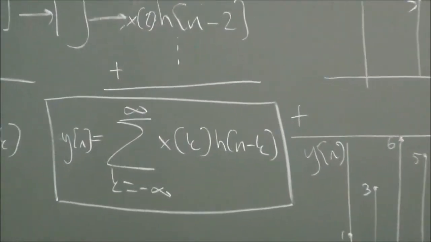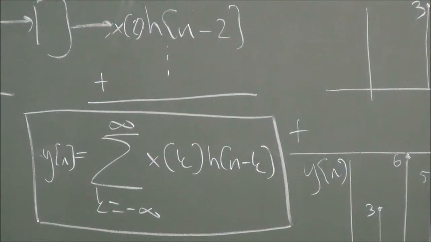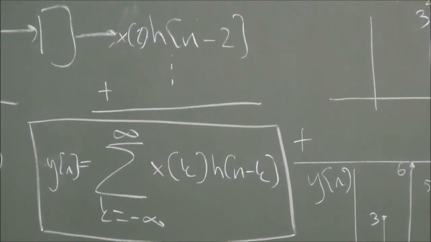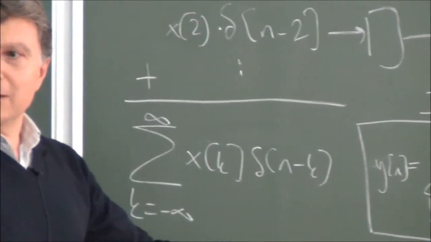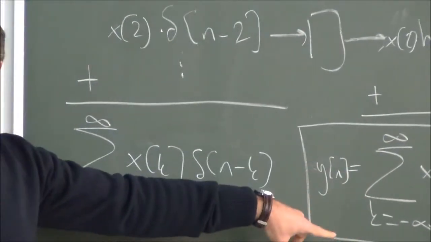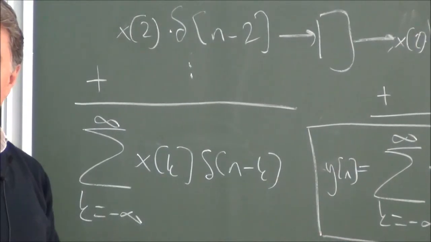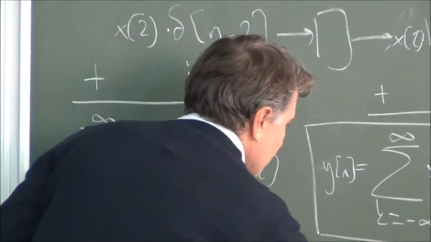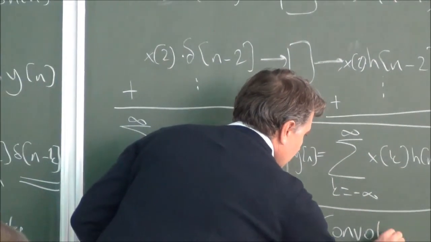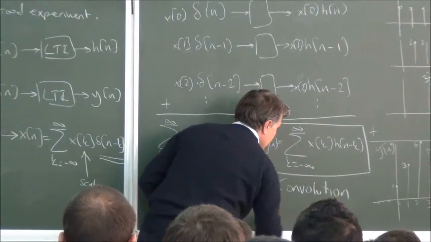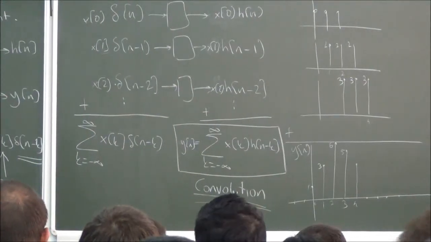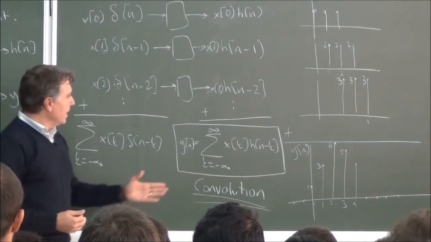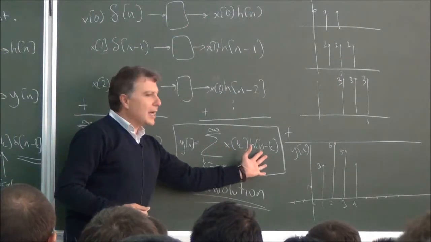Some of you guys are maybe taking this course twice or 3 times already. So any idea about the name of this equation? Convolution. We are convolving the x and h.